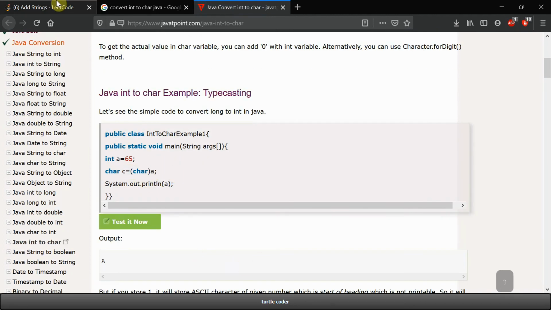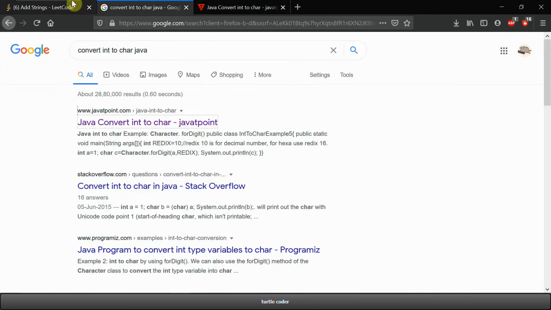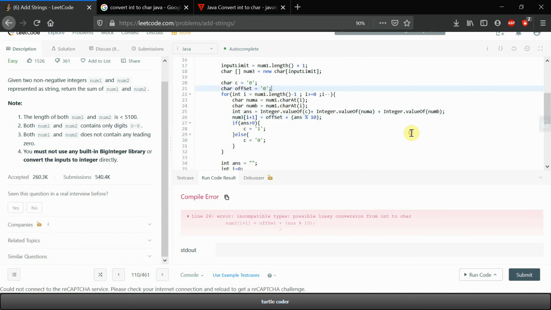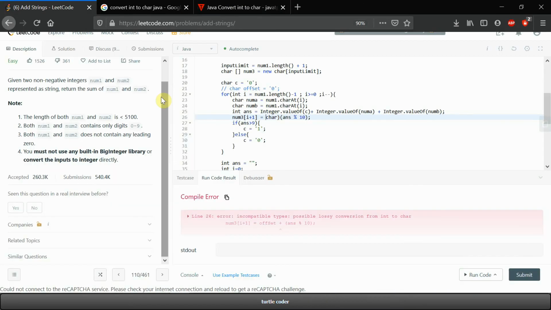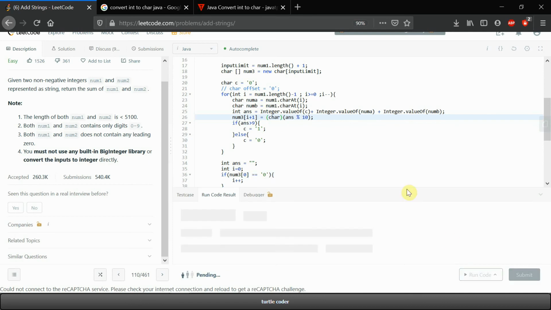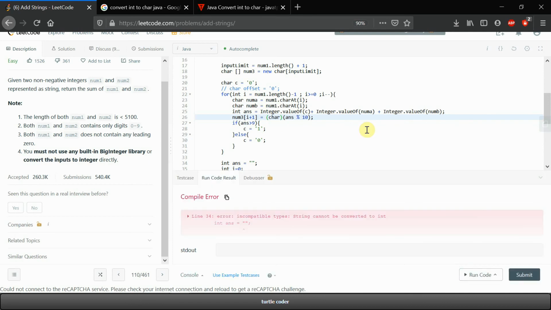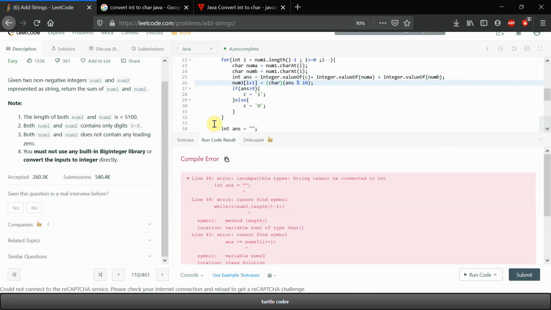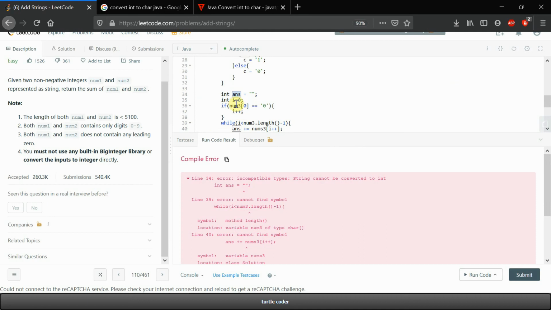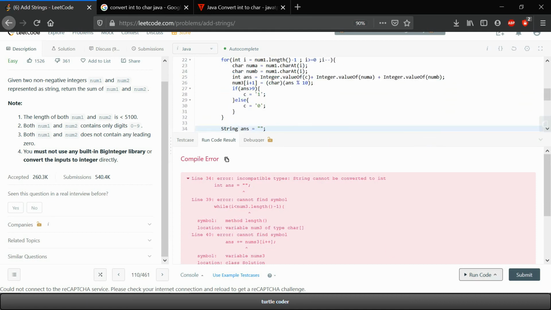We can just cast it. So would that work? Come on, please work. String cannot be converted to int. Line number 34. Yep, you are right, my friend. It has to be a string. Run.